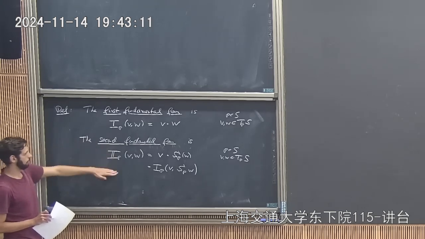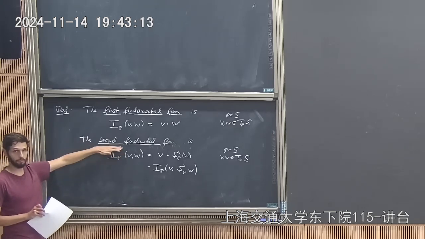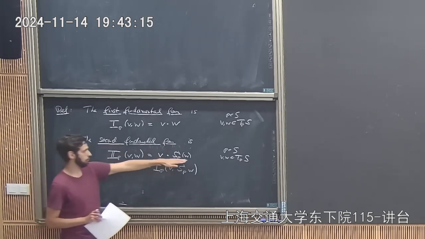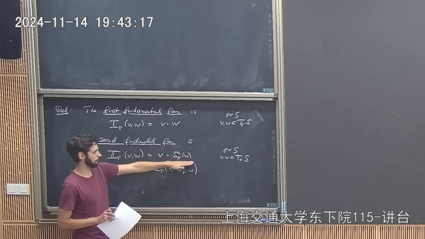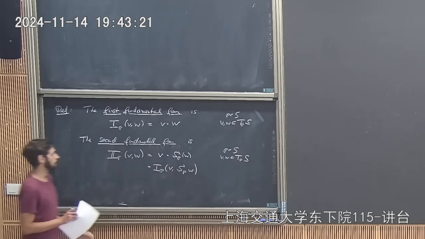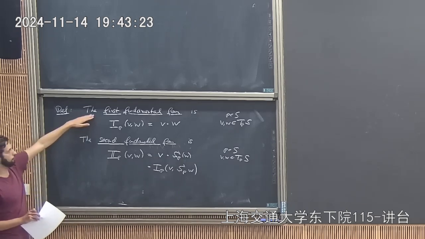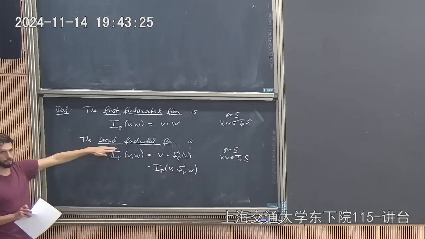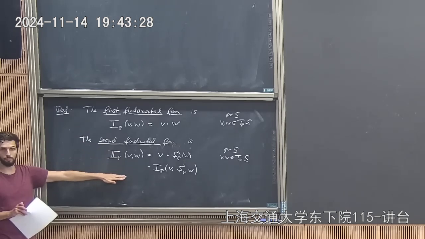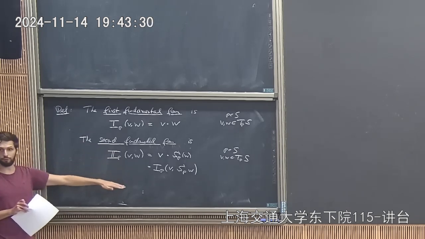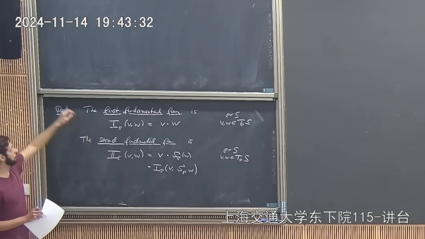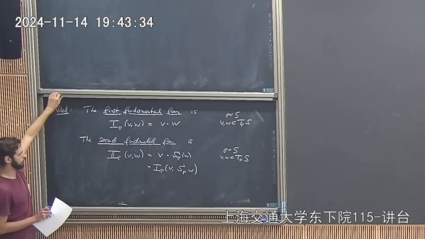The important object is the second fundamental form, because it encodes the geometry in terms of the shape operator, and essentially it's the same kind of information as the shape operator. I give the first fundamental form because if I write down the second fundamental form, you would obviously ask me what the first one is. The more important object is the second one.